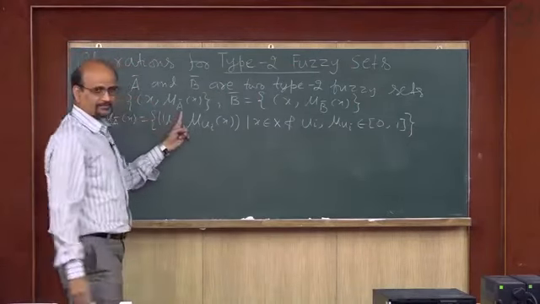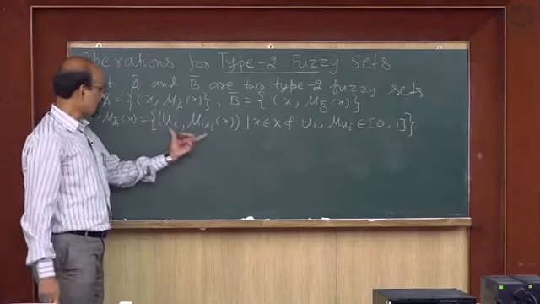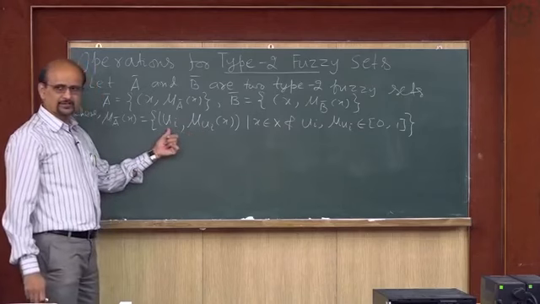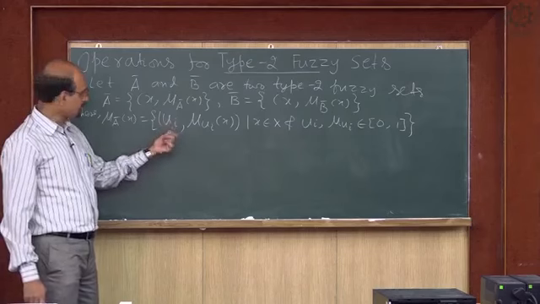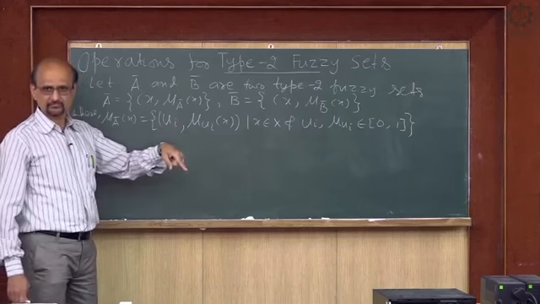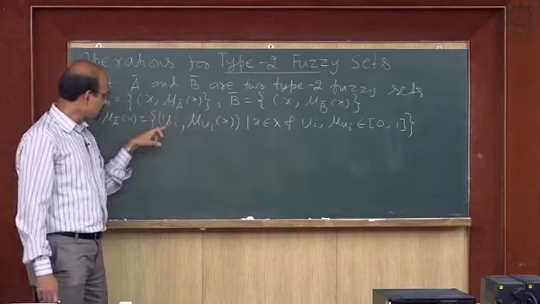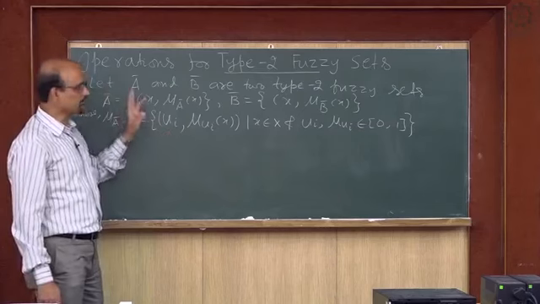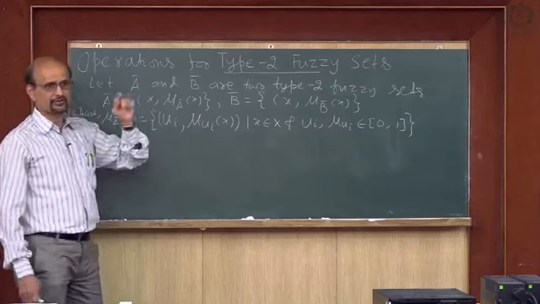Because it is a type 1 fuzzy set, I have written ui and mu ui x. So, ui is the membership grade of the type 1 fuzzy set, and mu ui is the membership for ui. That means it has 3 components, x and these 2, for different x.